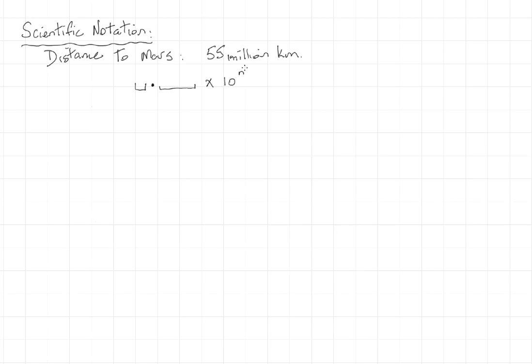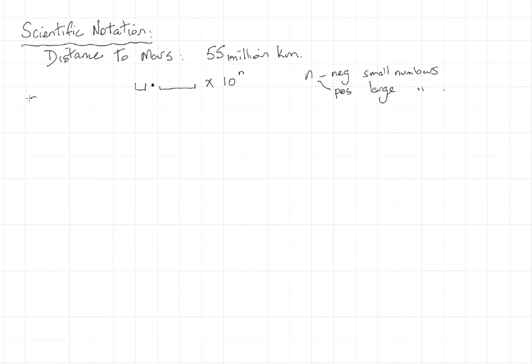This n is a way of determining how far we have to move the decimal place, either this way for large numbers or this way for small numbers. So if n is negative, we have small numbers, and if n is positive, we have very large numbers.